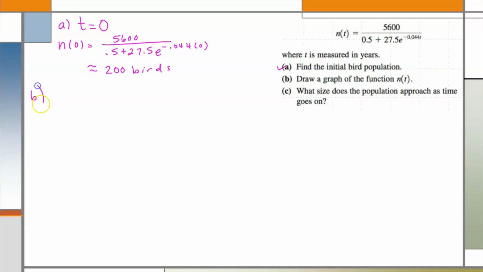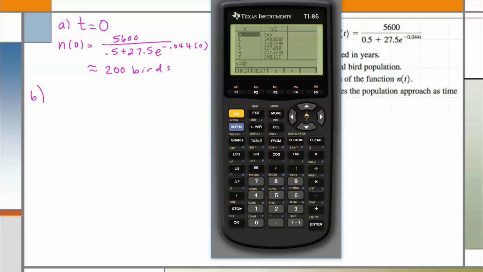Okay, so let's go back to our graph and see if we can scale it to see what the population approaches. We're going to hit graph and go to window. In table, I wanted to point out that for the x-axis we can do 0 to something.